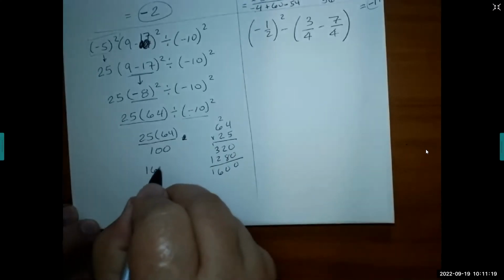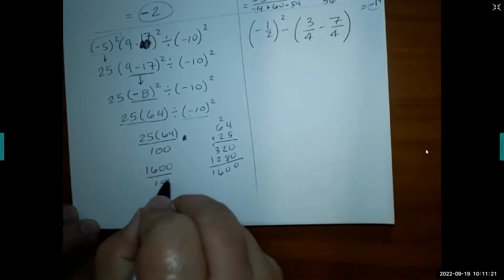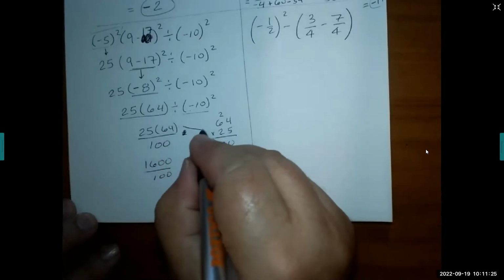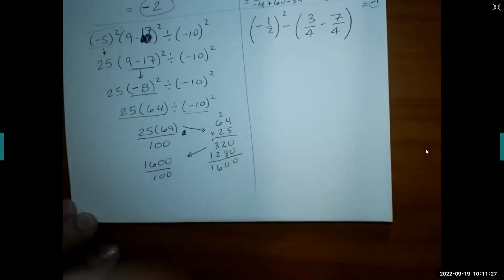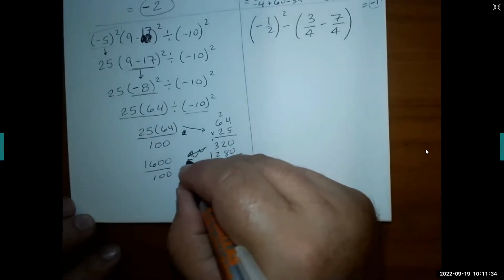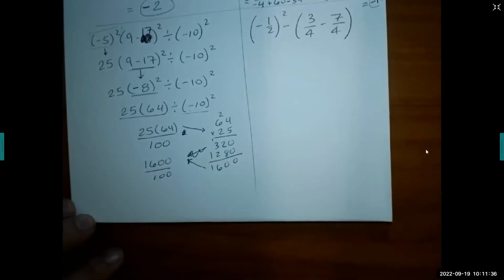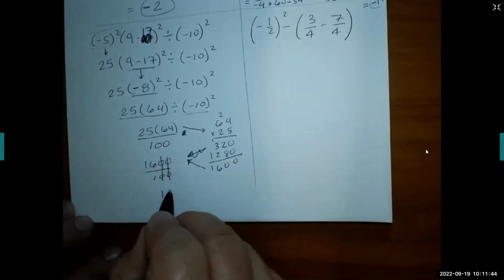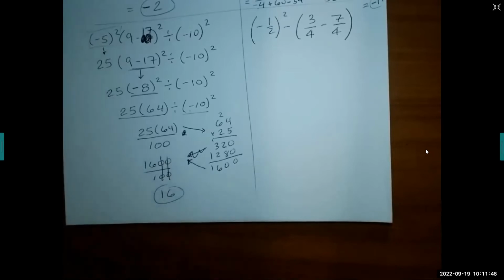So it's 1,600 divided by 100. And then the zeros cancel. So 16 over 1 is 16.